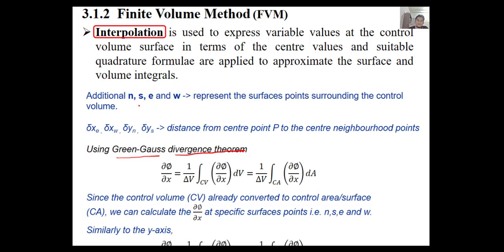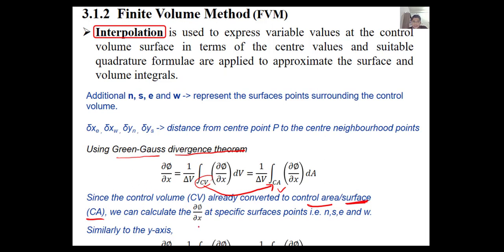But for two-dimensional, we have to change it to control area. Because in two-dimensional we only have delta x and delta y, or delta x to delta z, or delta y to delta z, so it can be replaced by control area. CA is the control area or control surface.